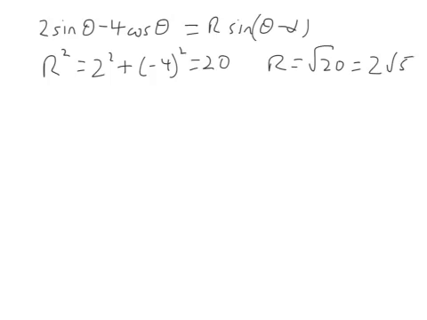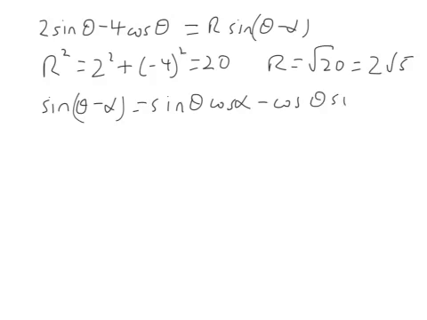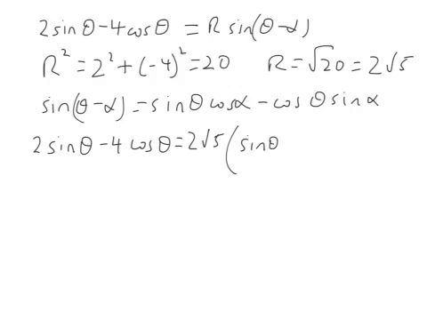So we can think about sine theta minus alpha. That's sine theta cos alpha minus cos theta sine alpha. So therefore we get 2 sine theta minus 4 cos theta is 2 root 5. Then we've got sine theta, and then it's 2 over 2 root 5 minus cos theta, and it's 4 over 2 root 5.